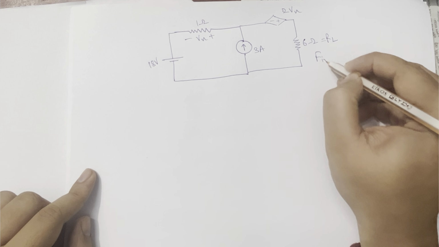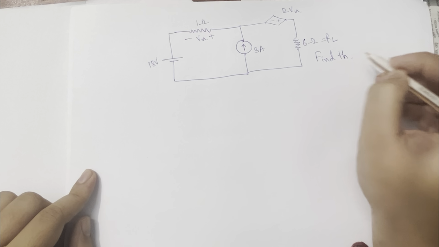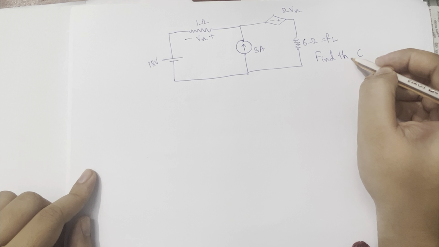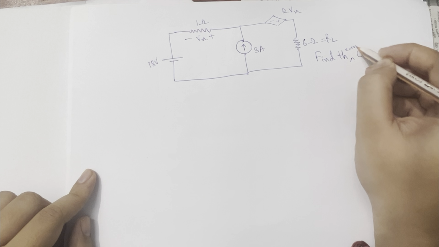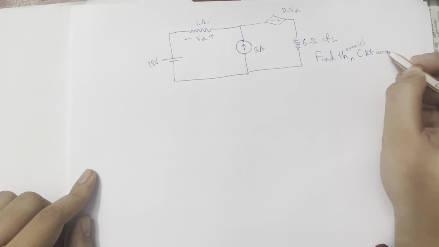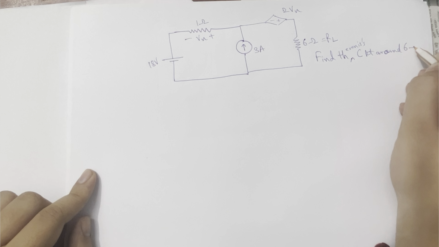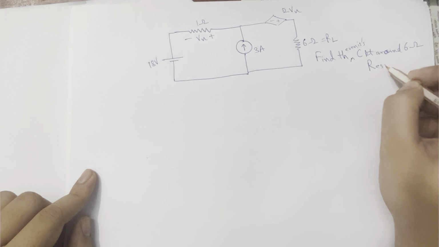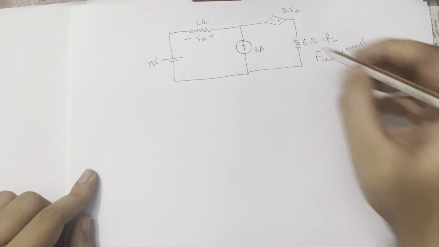Find the Thevenin's circuit around the 6 ohm resistance. So this is our load.